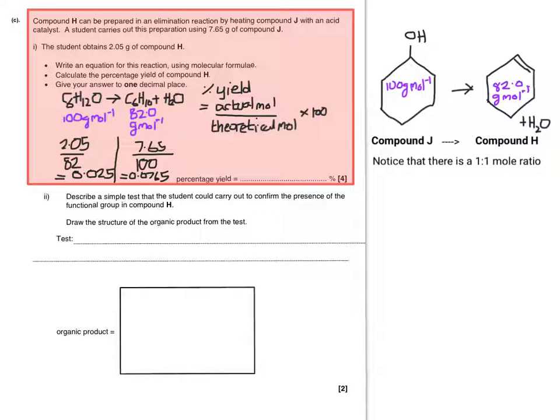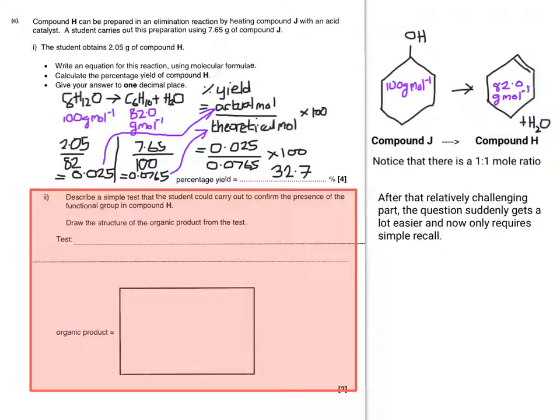If we do the same thing for compound J, we end up with 0.0765. Now because it's a 1-to-1 mole ratio, you'd expect, in theory, 0.0765 moles of compound H. We only got 0.025 moles of compound H. So now we can see what goes where. So that gives us 32.7. Notice that the instruction finally was to give your answer to 1 decimal place.